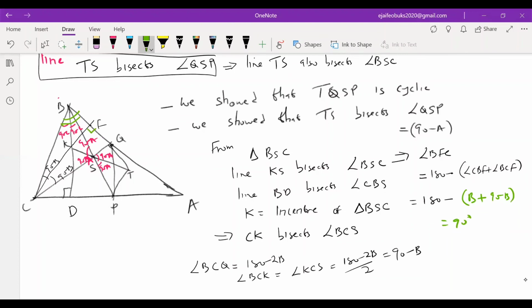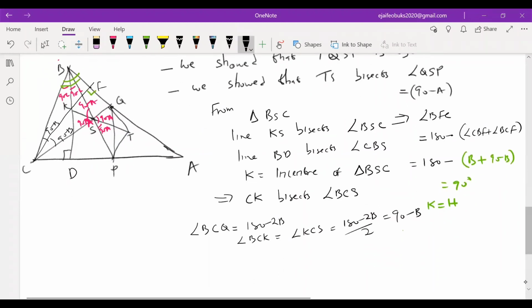But initially, this was what we wanted to prove. So if this angle is 90 and this angle is 90, that means K is actually the orthocenter. That means K equals H. Why is K equal to H?